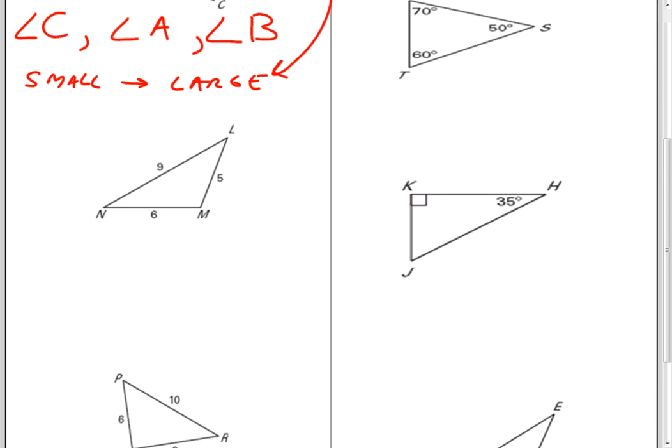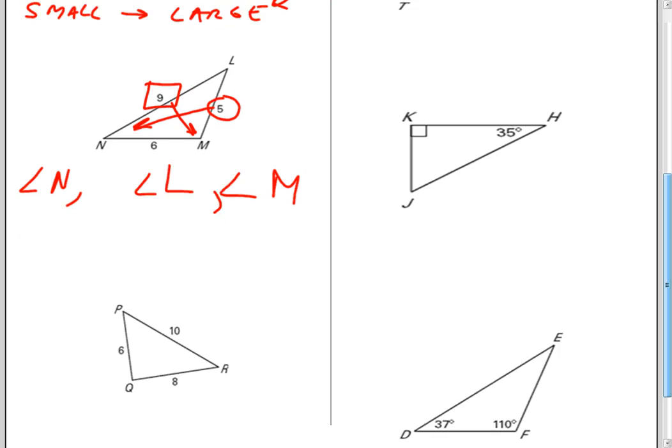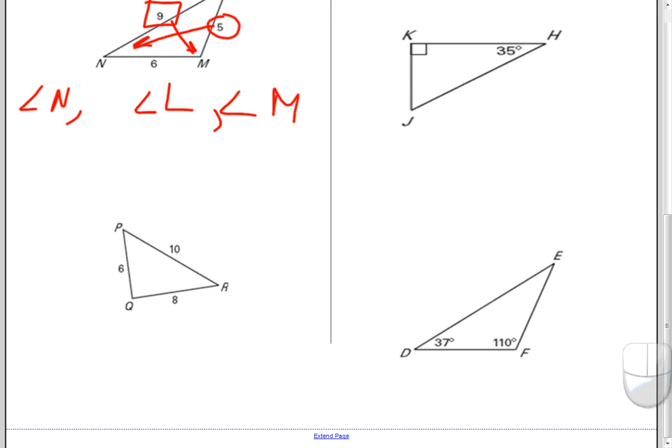Same thing here. I'm dealing with angles. I'll write down my angle symbol. This is small. That must be small. This is big. That must be big. L must be in the middle. Small, small.